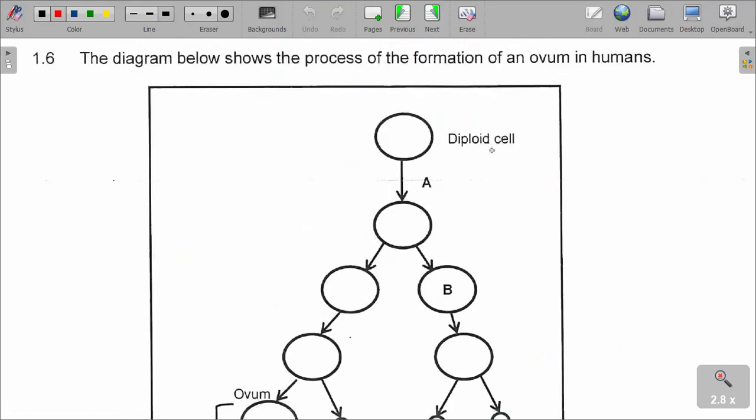And then we have the diagram that shows the process of the formation of an ovum. So we are talking about formation of ovum. What are we looking at? We are talking about female gametogenesis.